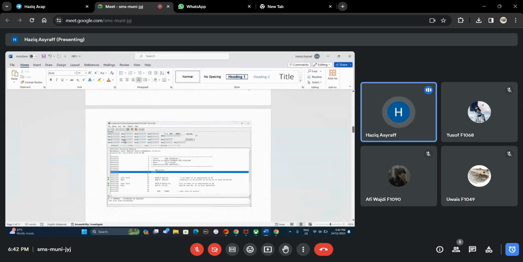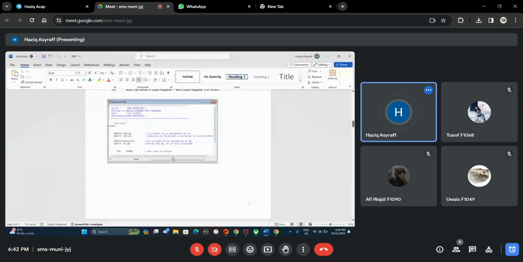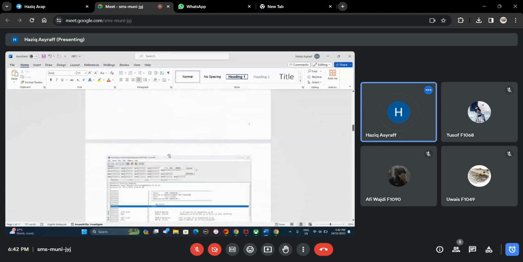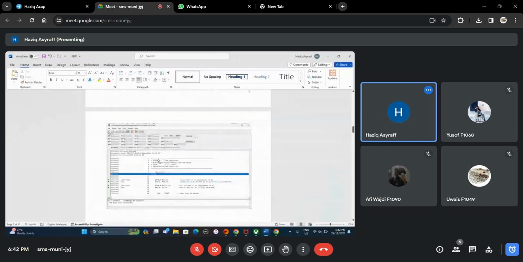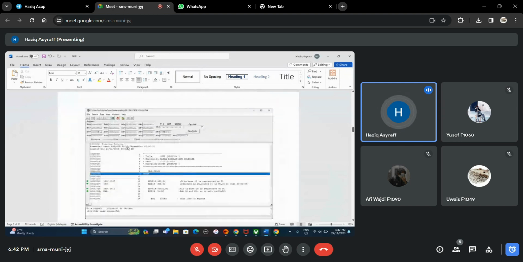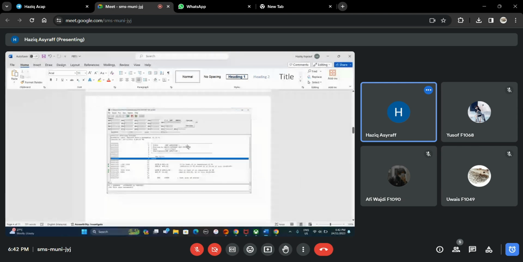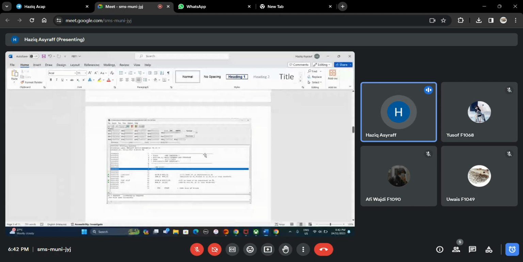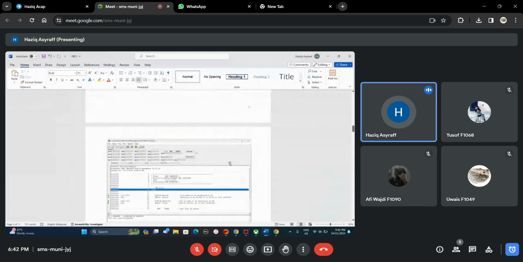This is the output that we receive from writing the program. As you can see here, the output is 51A, received in hexadecimal. And that's it for this question.